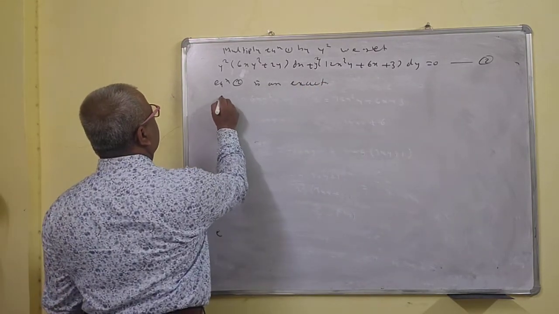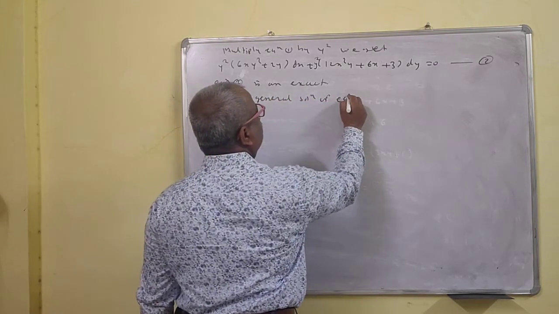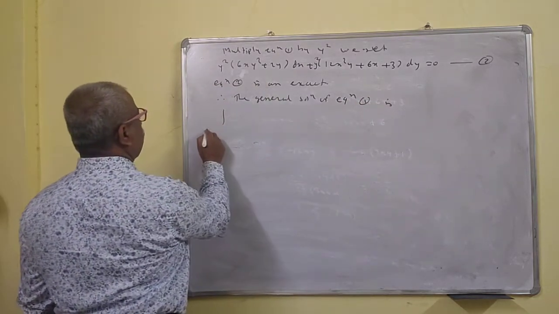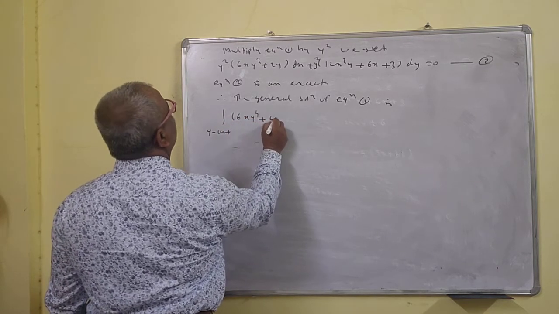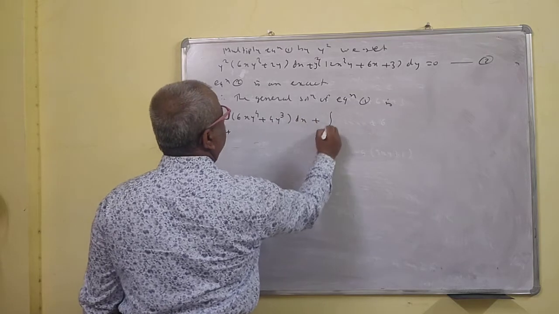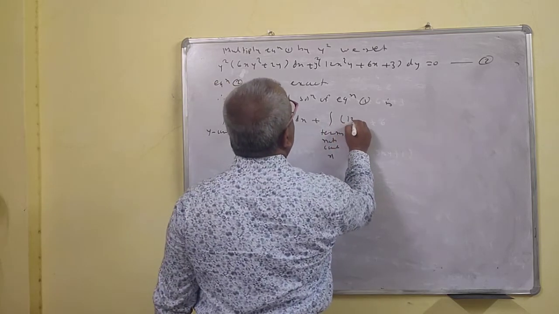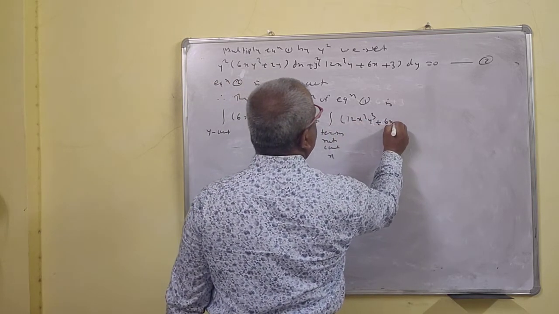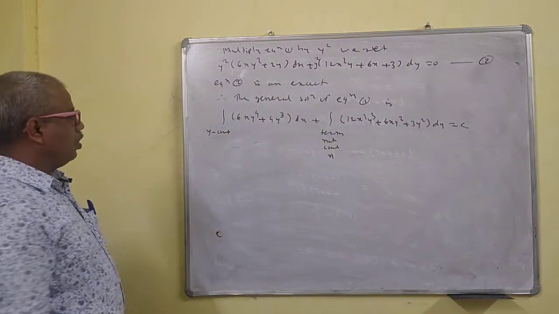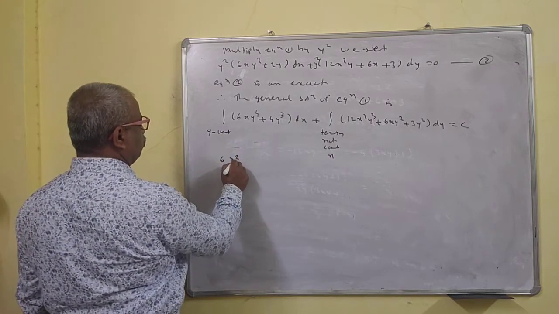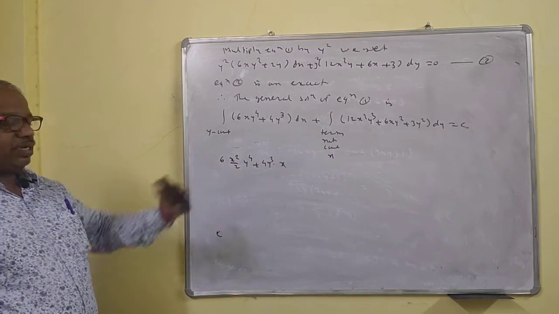Therefore the general solution of equation 1 is the integral of M with y constant, plus the term not containing x, equals c. So (6xy⁴ + 4y³) dx plus the terms of N not containing x, (12x²y³ + 6xy² + 3y²) dy, equals c. Integrating with y constant gives 6x²/2 y⁴ + y³ x, since we are integrating with respect to x.